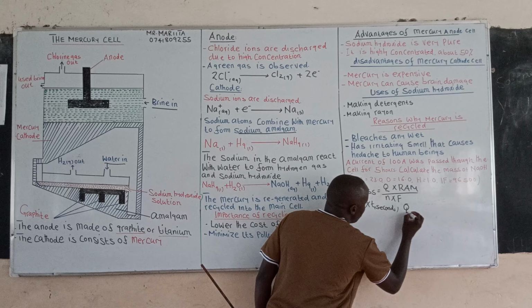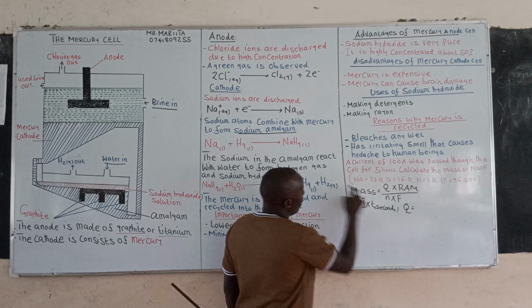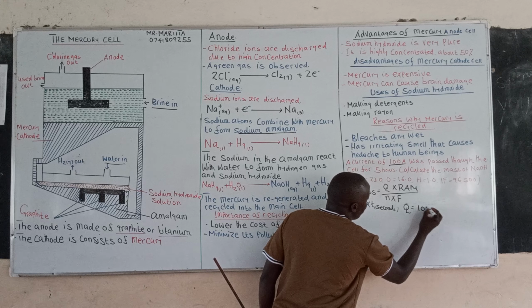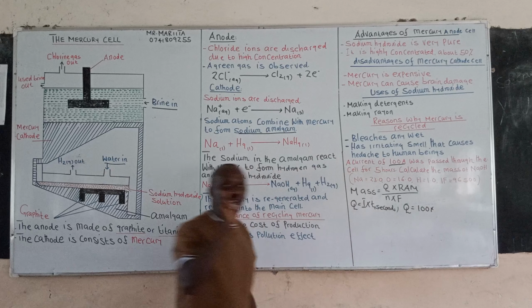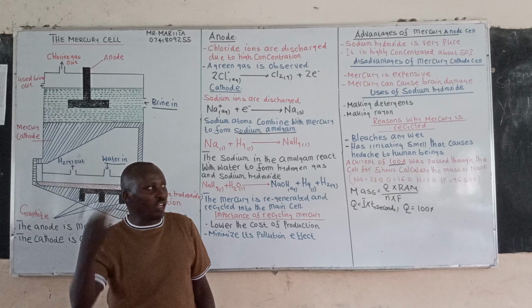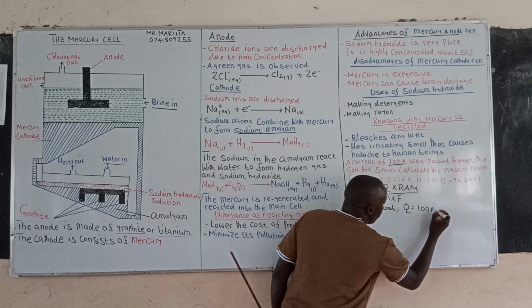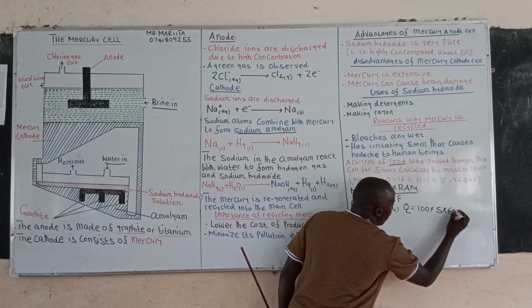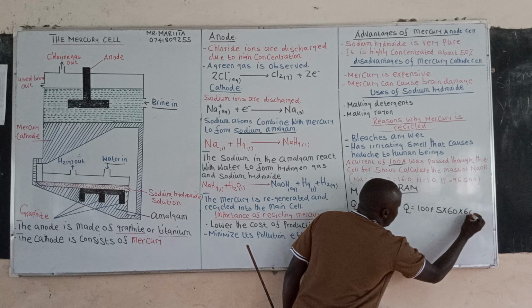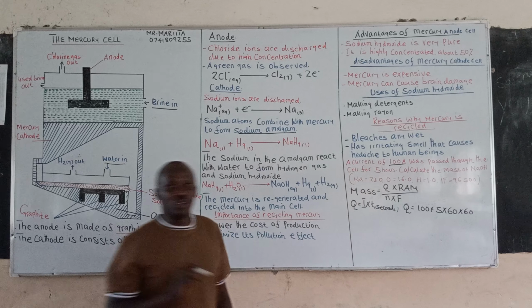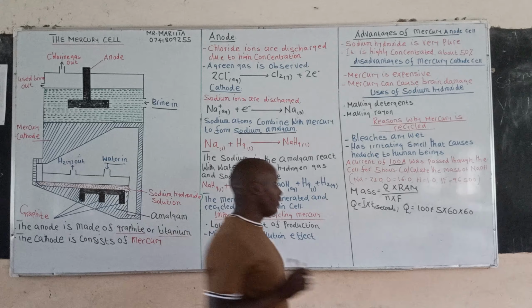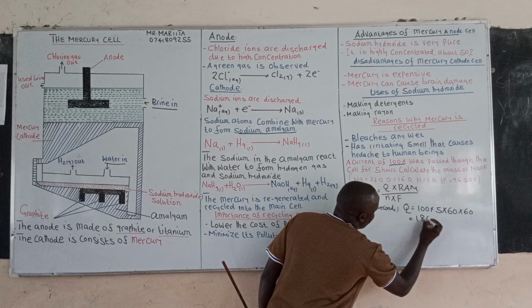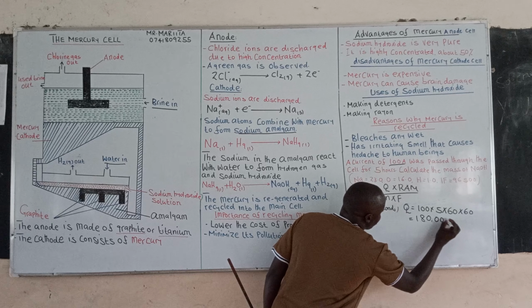So our quantity of electricity is the current passed through, 100 amperes, multiplied by the time, 5 hours. So convert 5 hours into seconds: 5 times 60 to convert into minutes, times another 60 to convert into seconds, and this gives us 180,000.